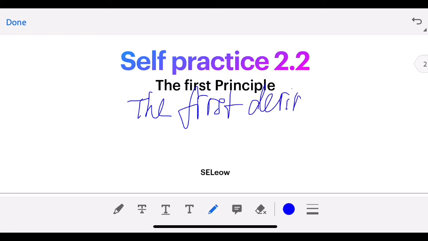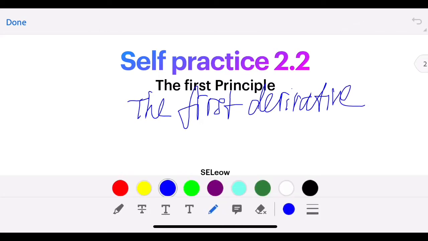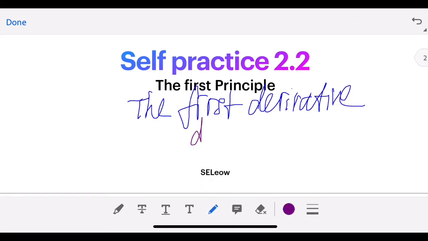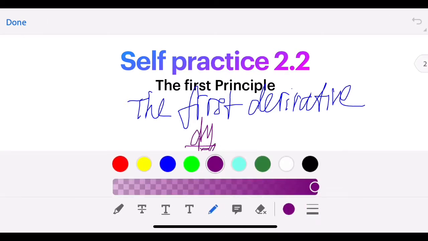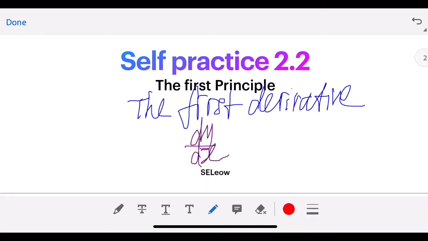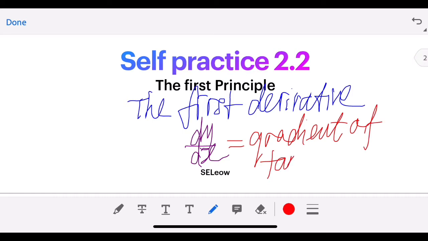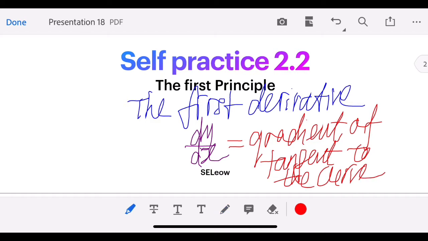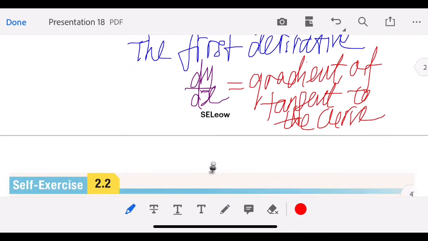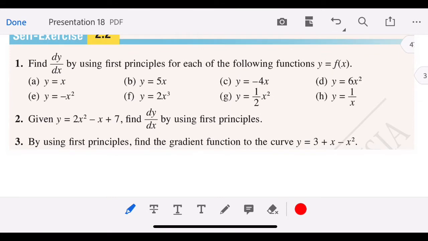You can call it the first derivative, or you can say it is dy dx, or you can call it finding the gradient of the tangent to the curve. So in short, we have to know how to use the first principle to find the first derivative.